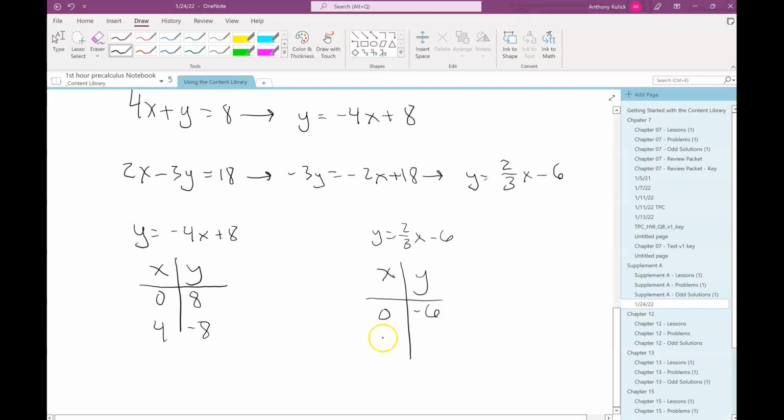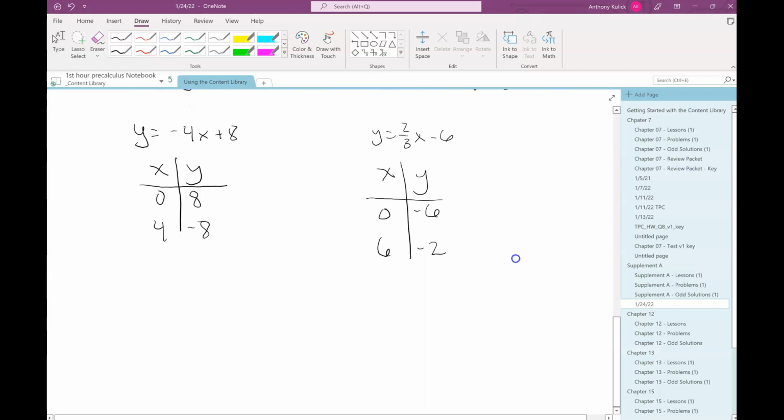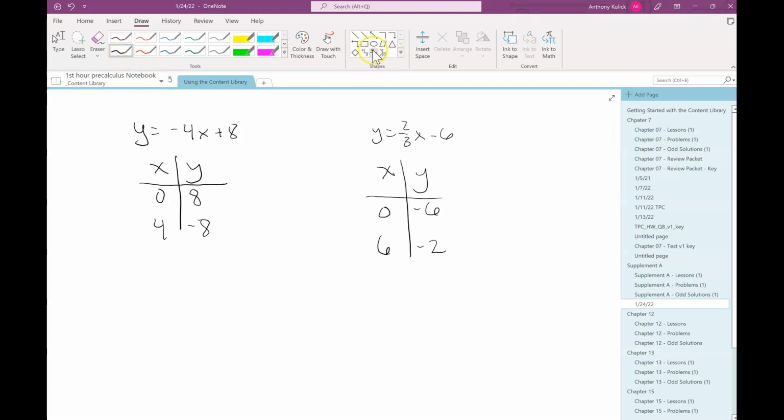And then maybe here I'll do 6, and that comes out to be -2. And so then it's time to go ahead and draw my graph.